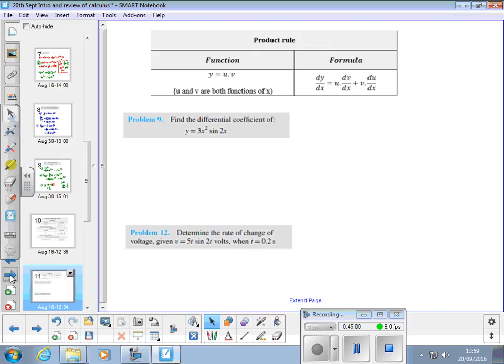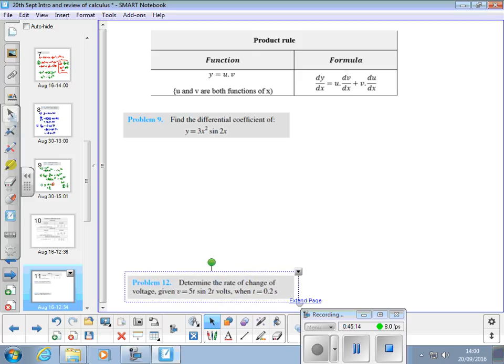So, product rule. Find the differential coefficient of 3x squared times sine 2x. Get that one out of the way for a minute.